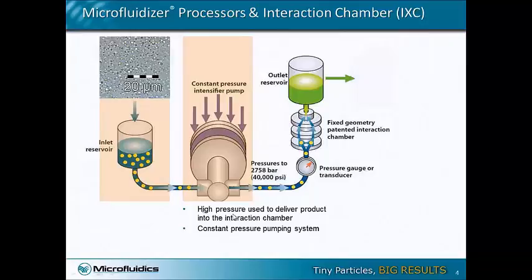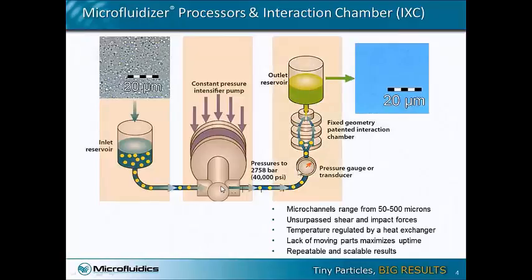The material will be pressurized by the intensifier pump and pushed through the fixed geometry interaction chamber, where the pressure energy is changed to kinetic energy, resulting in very high velocity, which gives very high shear and impact forces. Also, a very high level of turbulent energy dissipation rate occurs, which all helps reduce the particle size. Following the interaction chamber, the product temperature can be controlled by using a heat exchanger.